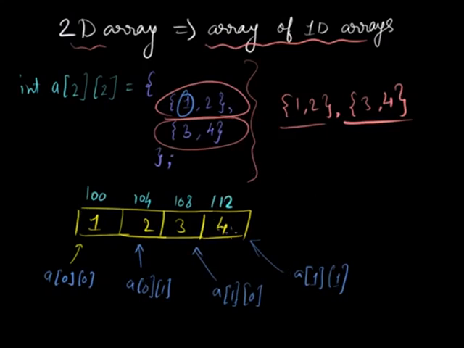So this way 2D arrays get represented in memory. Now you can easily determine that it is almost the same as a 1D array. In fact, 2D array is an array of 1D arrays, so eventually it is an array, so it is represented like a 1D array.